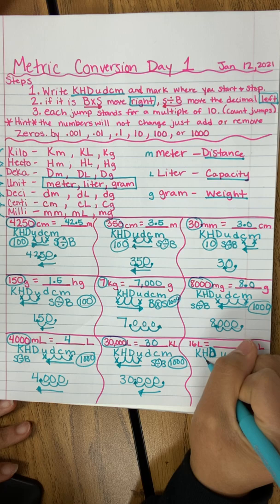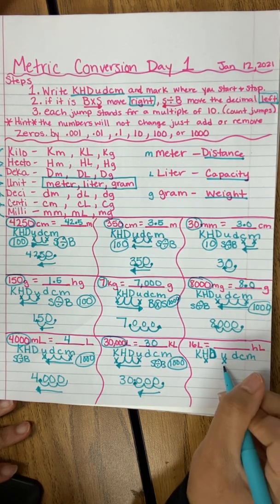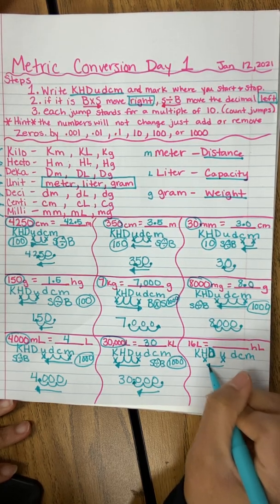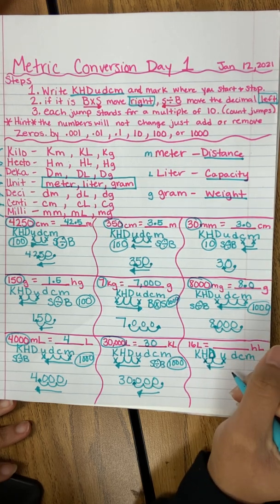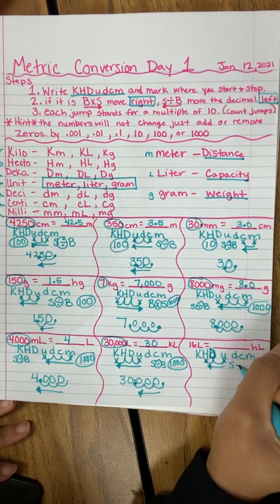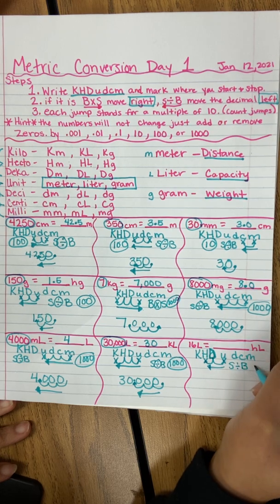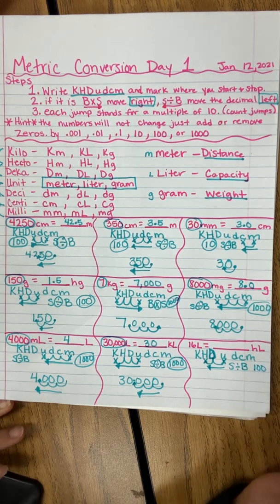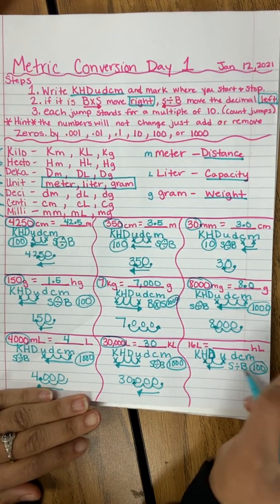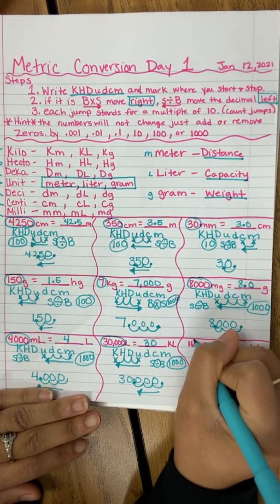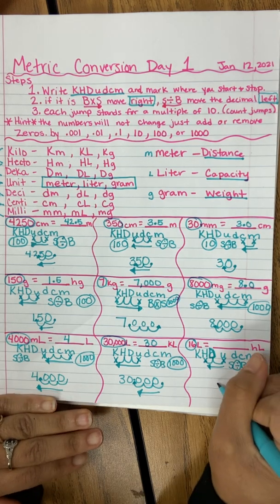Hectoliter is an H, so I'm here. I move in this direction, 2 jumps, 1, 2. So I know that this is small to big, and it is worth 100. So I need to do 100 divided into 16.